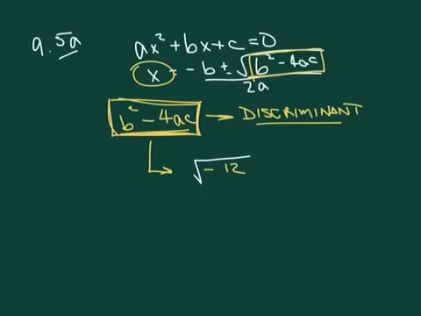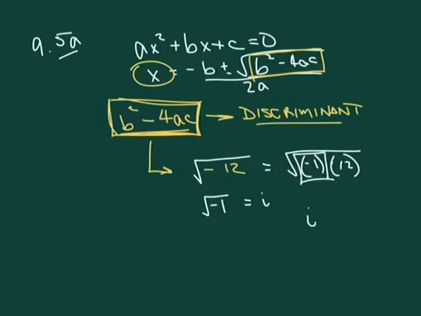Well, here's the theory behind what we do. We change it to a negative 1 times 12, because negative 1 times 12 is negative 12. And what do we know about the square root of negative 1? That equals i. So we are going to take that and replace it with i.